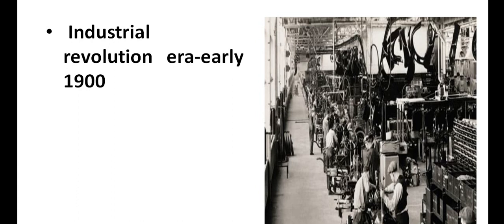The workers were considered as a commodity during this era, and not much attention was given to them. But the workers had started their own organizations, which were called as trade unions. These trade unions work for the welfare of the workers.